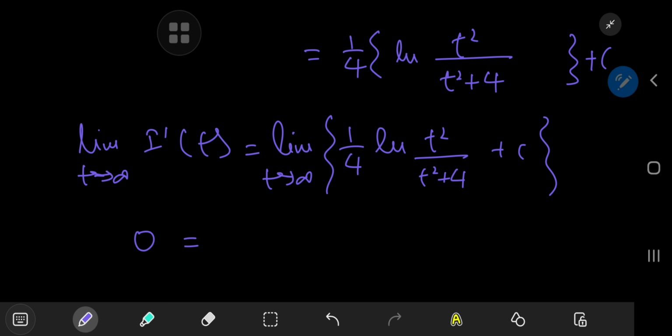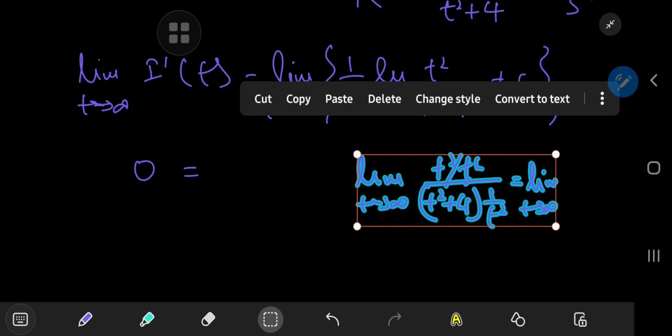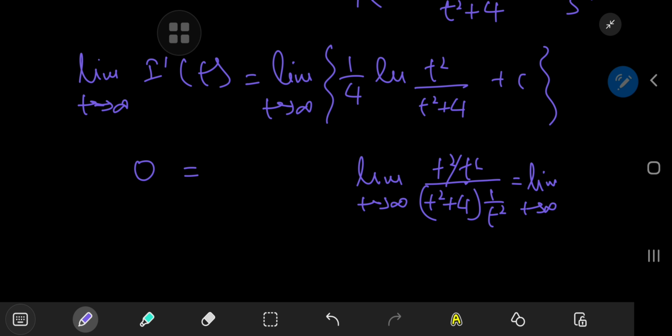As far as the right-hand side is concerned, the limit of t squared by t squared plus 4 as t approaches infinity, if you multiply upstairs and downstairs by the reciprocal of t squared, is the limit as t approaches infinity of 1 by 1 plus 4 by t squared, correct?